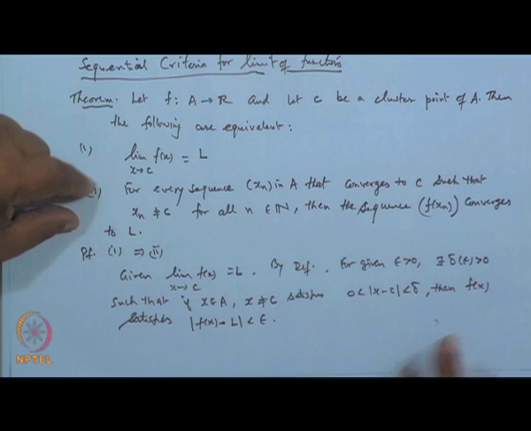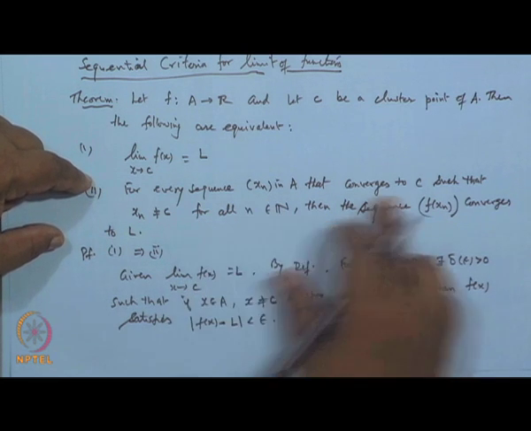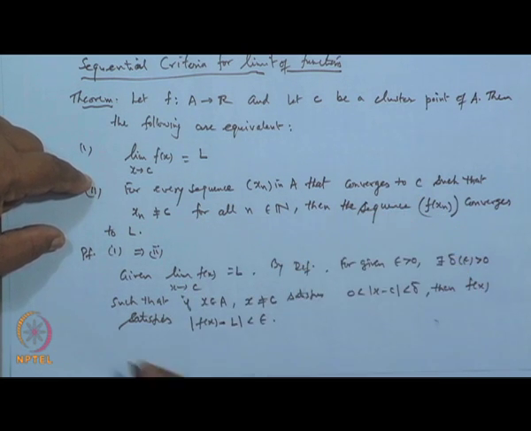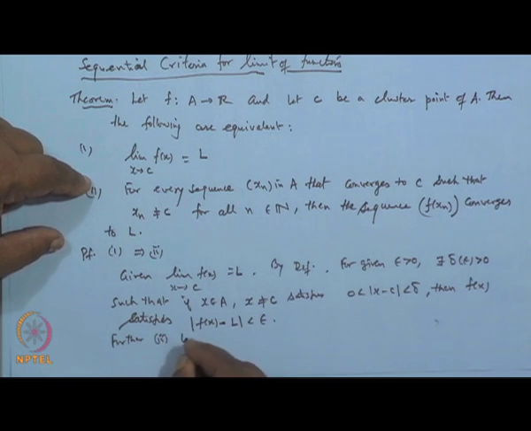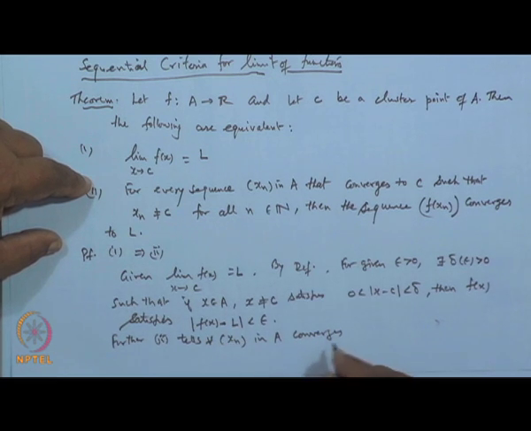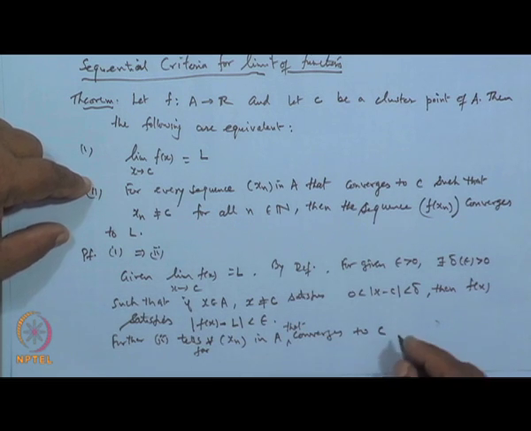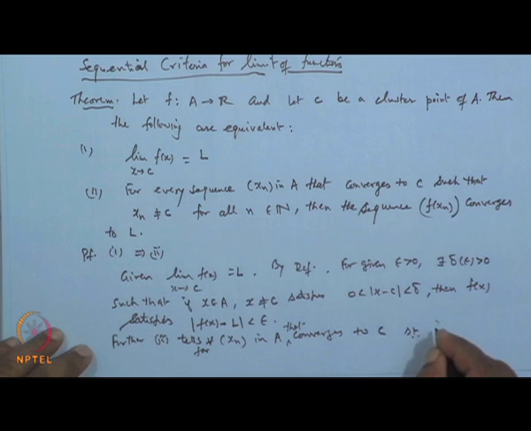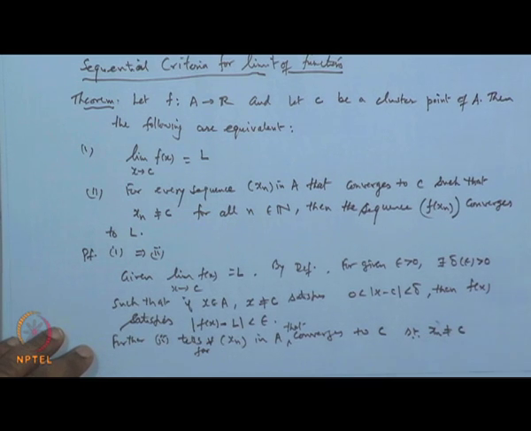From 2 what is known is we know the sequence x n converges to C. So, let us given further from 2: for every sequence x n in A that converges to C, such that x n is not equal to C.